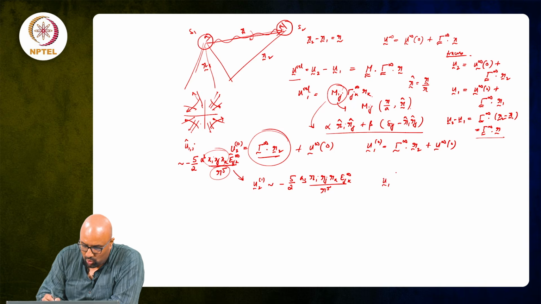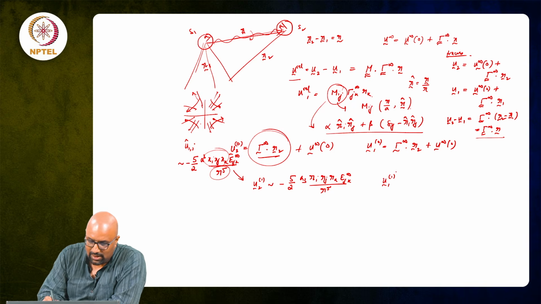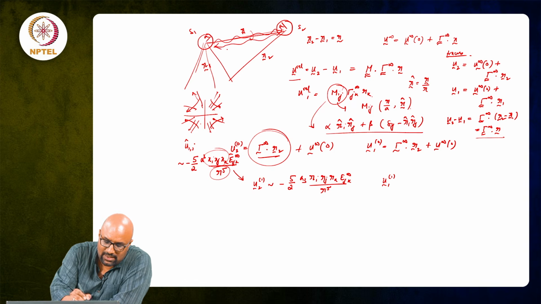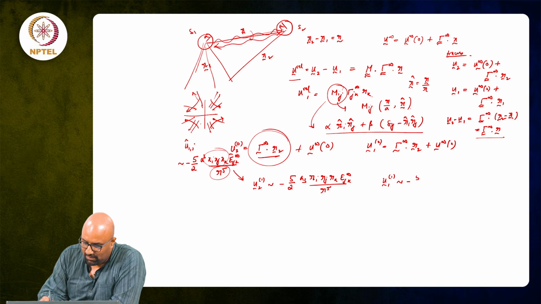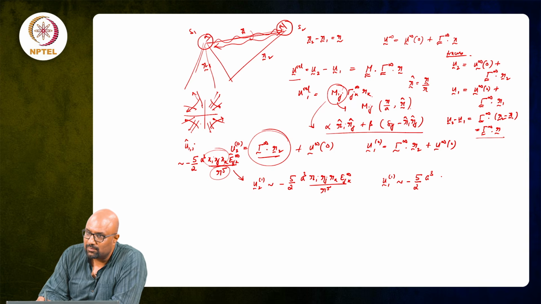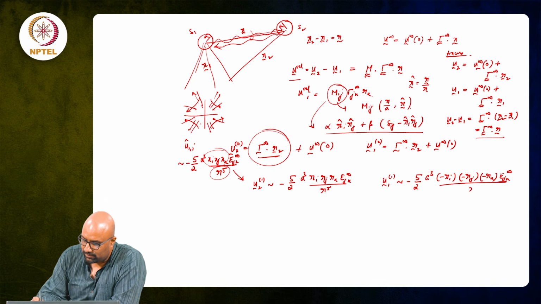Similarly, the U1 correction is going to be due to the disturbance that is coming from sphere 2 on sphere 1, which is minus 5 halves a cube. Should it be the vector r, or with respect to sphere 2, it should be minus Ri minus Rj minus Rk e jk infinity, right.